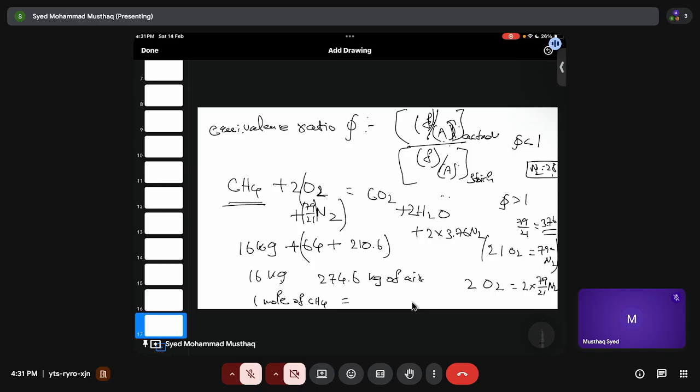So if I divide it by 2, then it will be 137.3, right? So 1 mole of CH4 will require 2 moles of air, right? Because 137.3 is 1 mole of air.